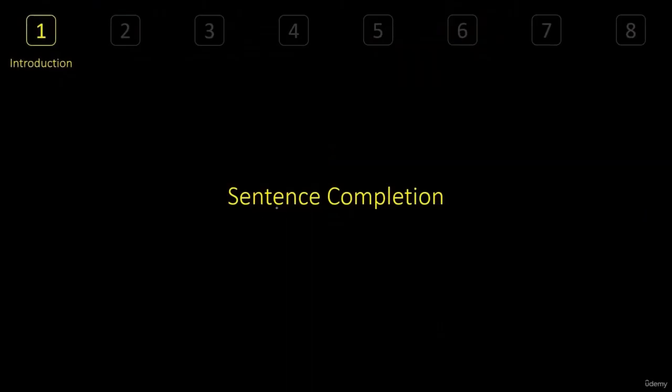Now, in this question type, which is sentence completion, you will be looking at a single sentence with a blank. Before this, we have seen table completion, form completion, flowchart completion, and summary completion. None of them had single, non-related sentences with a blank.